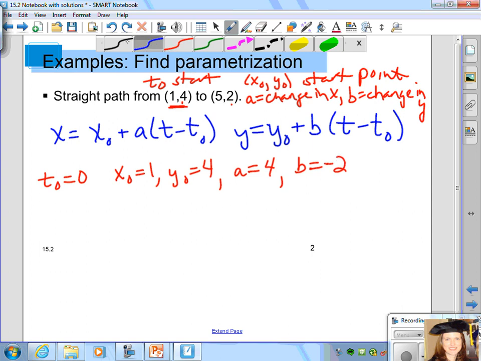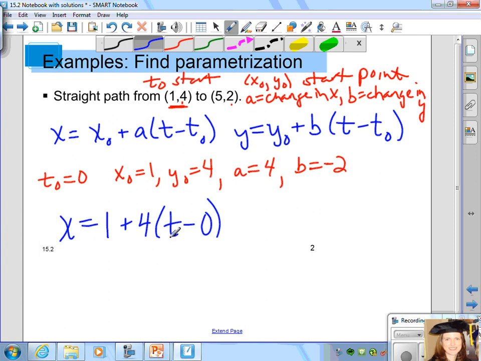So your parametrization can then be written as x equals your starting x of 1 plus how the x is changing from 1 to 5, a positive 4 amount, times the quantity t minus t sub 0. We're using t equals 0 as your start time.